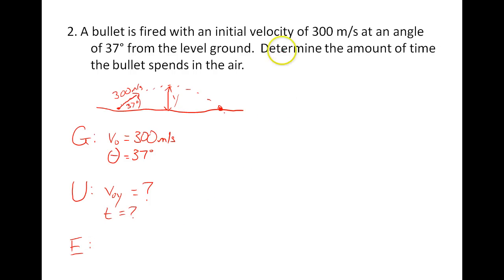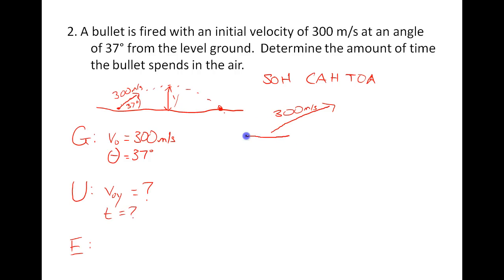Well, we need to use our definitions of sine, cosine, and tangent. So we've got this bullet being launched at 300 meters per second, and it's along the ground.